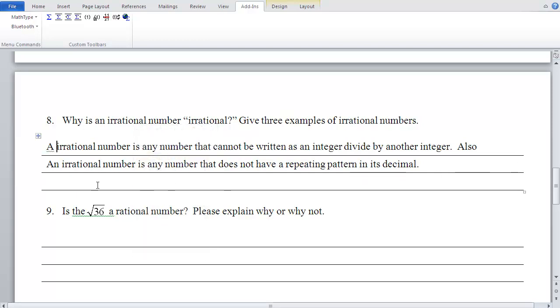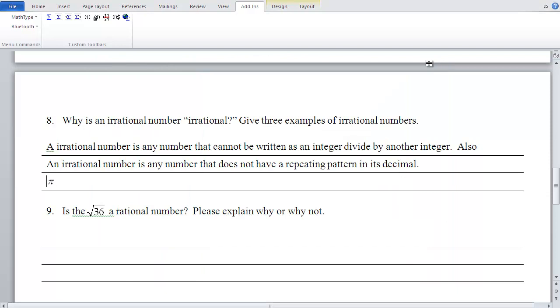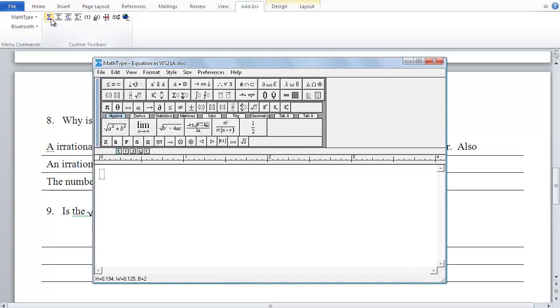So give 3 examples. We've got the number pi that we can use. There's pi right there. Let's go with the square root of 11.